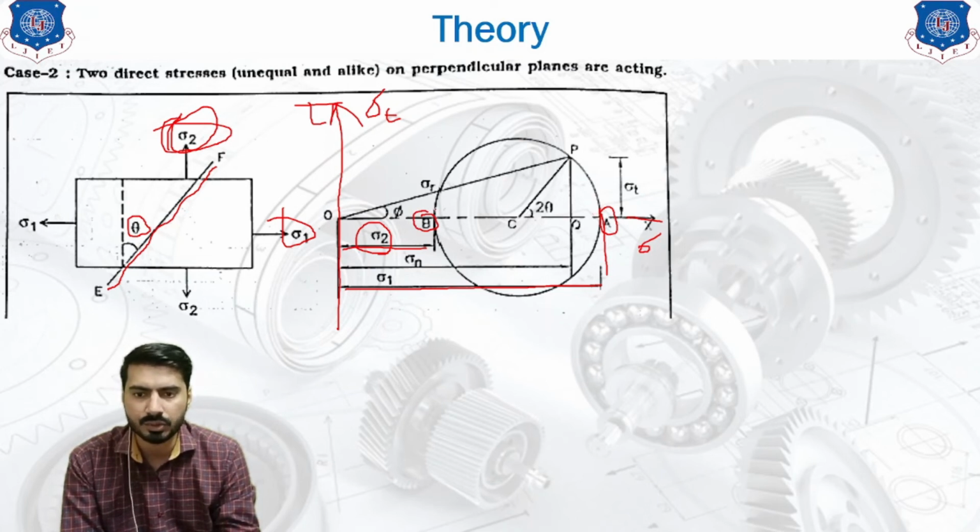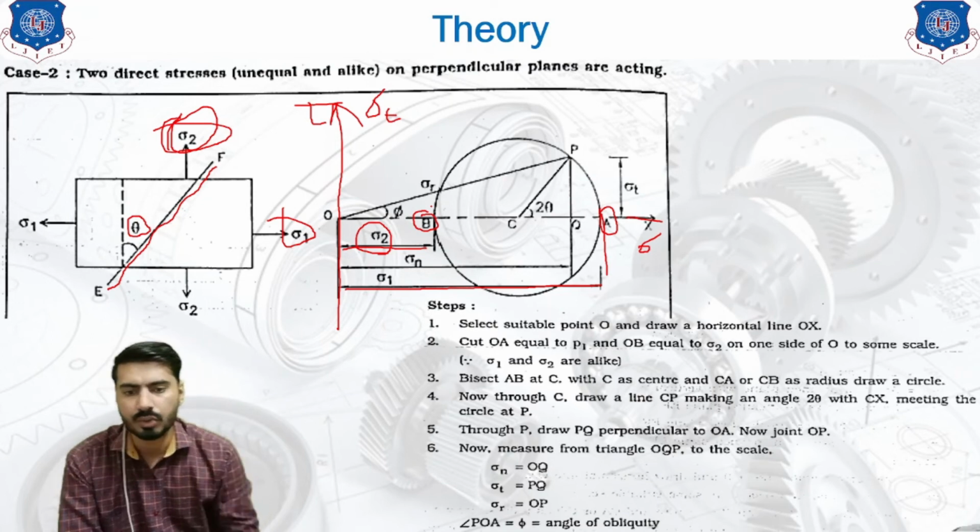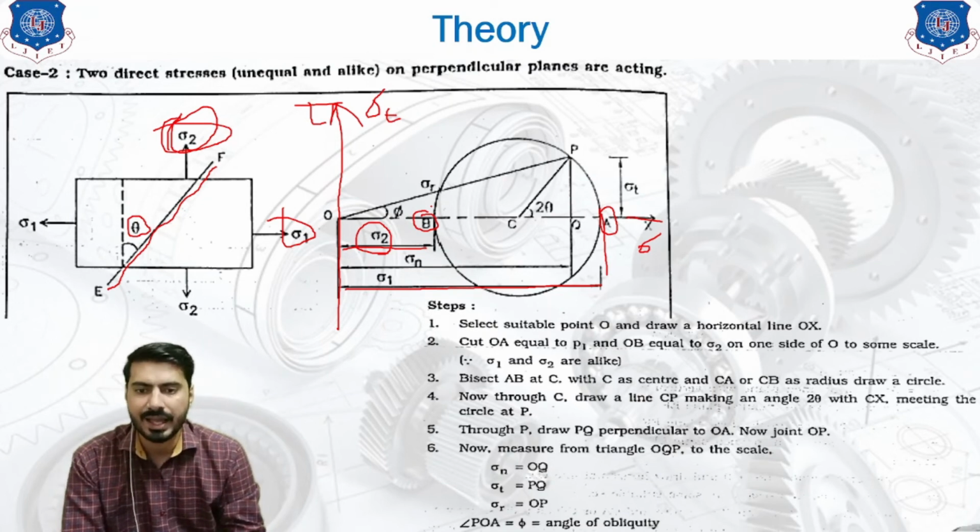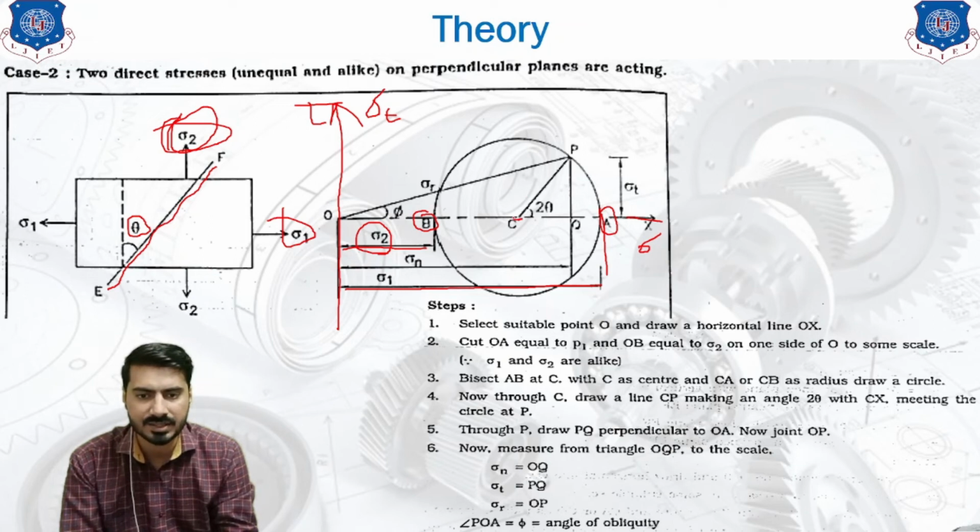Now what are we going to do? We are going to join AB and bisect it exactly in the middle. So this is our point C from the bisection. Point C will act as the center and we will consider CA or CB as our radius and draw a circle.